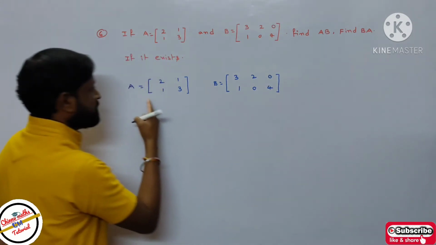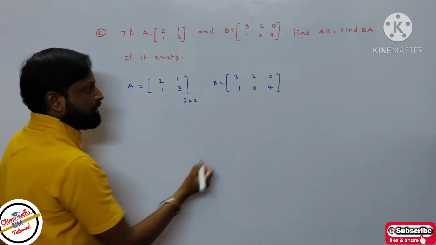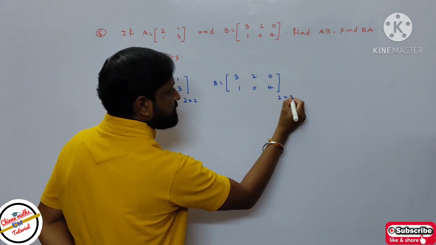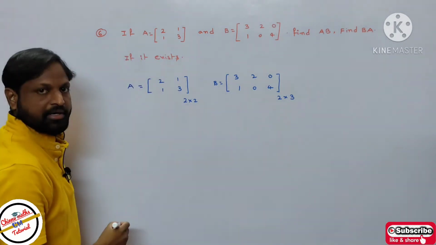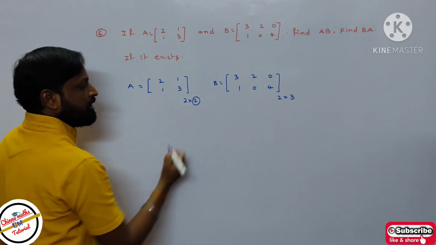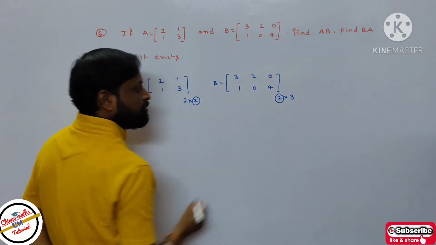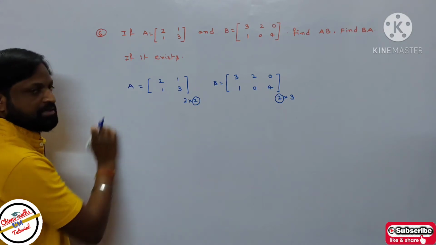Write the order of matrix A equal to 2 rows and 2 columns, 2 by 2, and B is 2 rows and 3 columns. What is our condition? The number of columns in matrix A and the number of rows in matrix B, if both are equal, then the product exists.